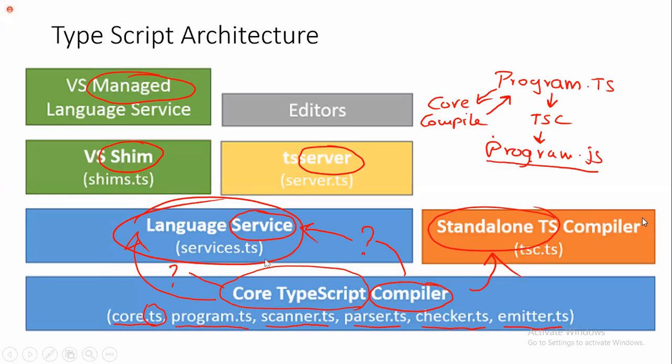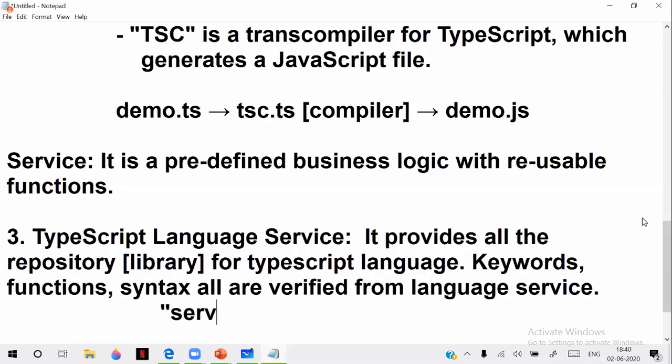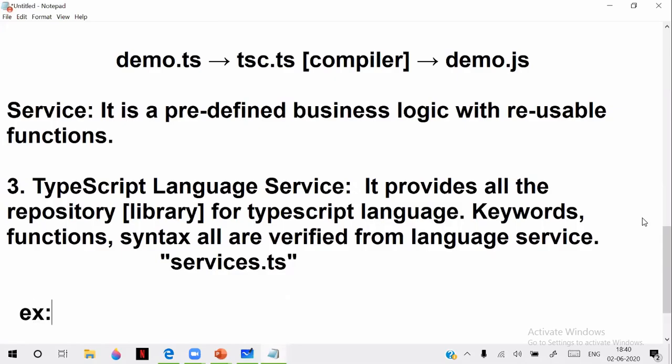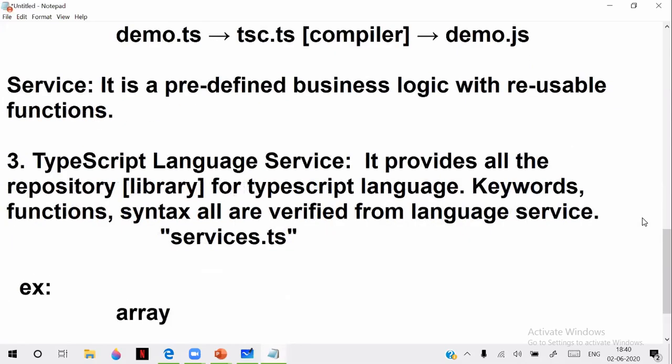A file is responsible for doing that, and that is services.ts. I said that the TypeScript compiler will verify the syntax of a method, the syntax of a function. How will it verify? For example, I am writing here some array dot, we have a property length.